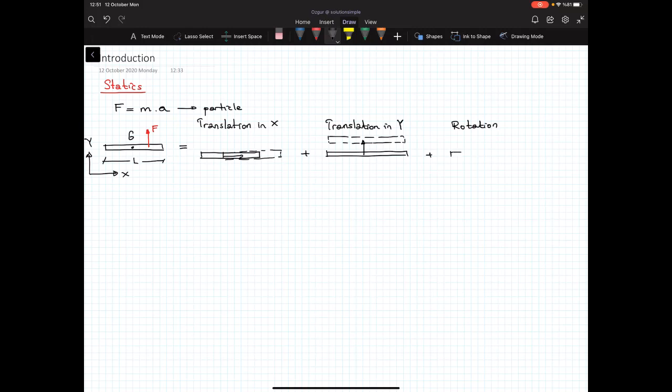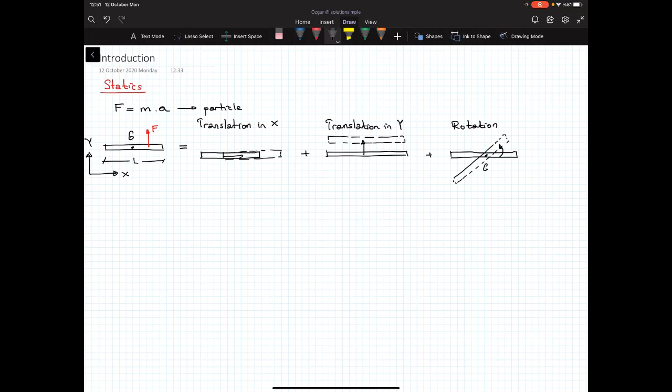In the rotational motion, we don't have any translation, and the member rotates about the center of gravity, and that's the rotational motion. So basically, with these three components, we can describe any type of motion of a rigid body.